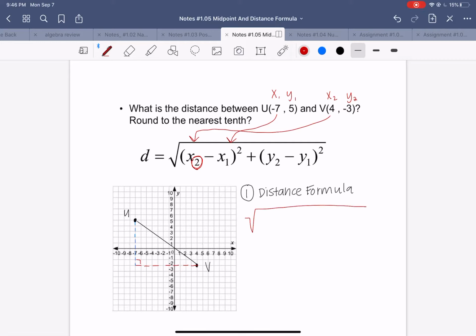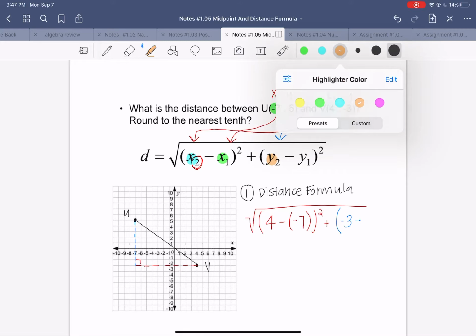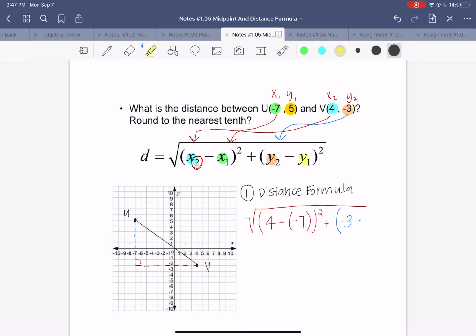So we have the square root of x2, which is 4, minus x1, which is negative 7, squared, plus, I'm going to do another parentheses, and do this in blue, my y2, which is negative 3, minus my y1, which is 5 squared.